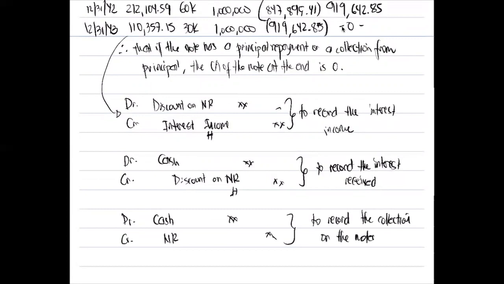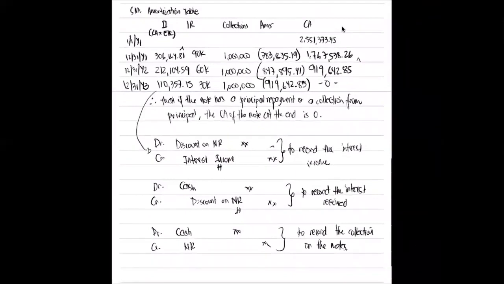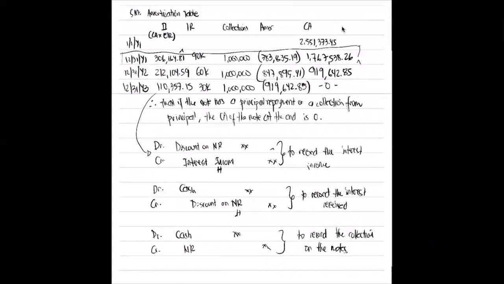So to record the collection on the notes, we have cash and notes receivable. So in subsequent measurement, with the amortization table, what's the carrying amount on December 31 year 1? You just look at December 31 year 1. Where's the carrying amount? There. That's the carrying amount.